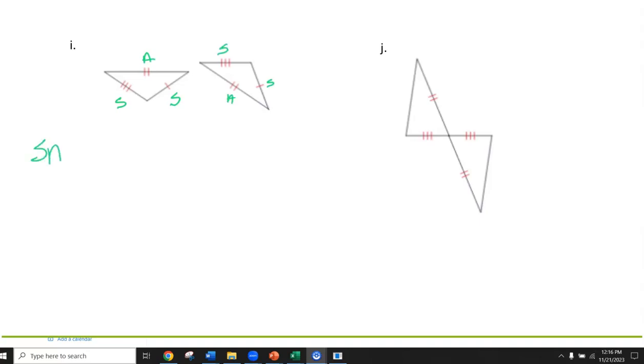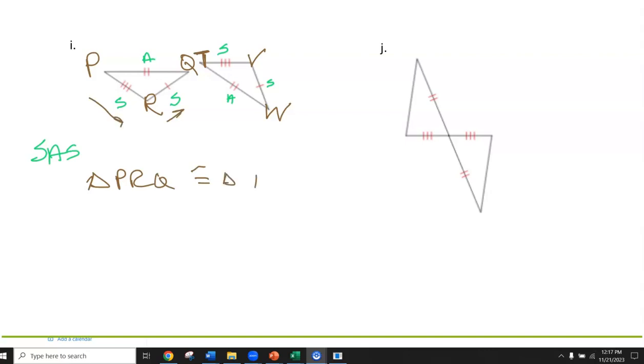So I have side angle side congruency. If I label my triangles, I can call this P, Q, R, T, V, W. Okay, so triangle PRQ, and then I went down the triple and then down the single. So that's going to be congruent to triangle TVW.